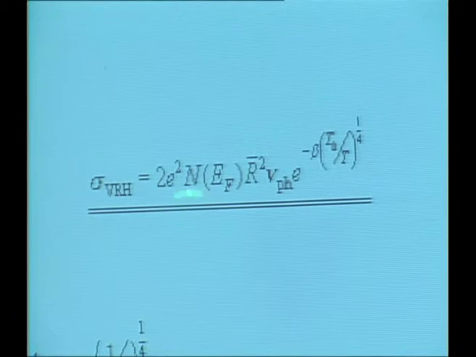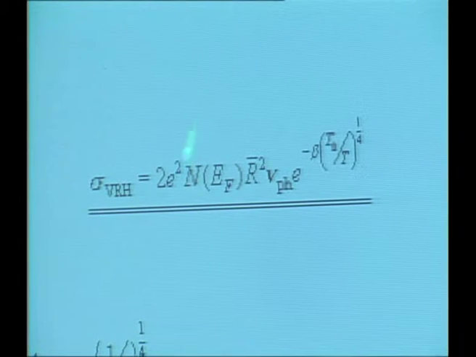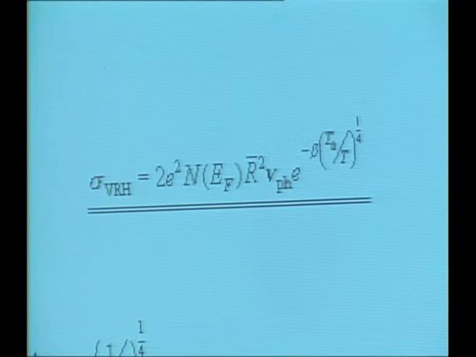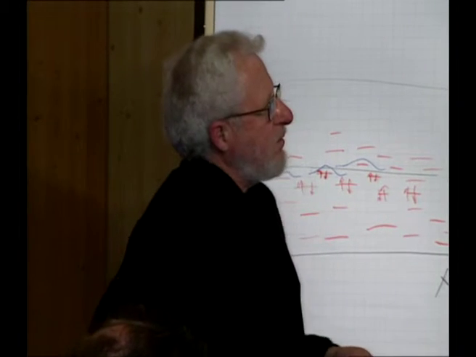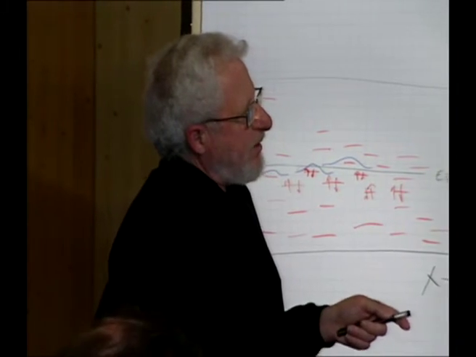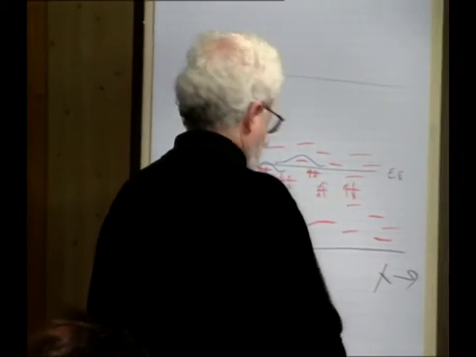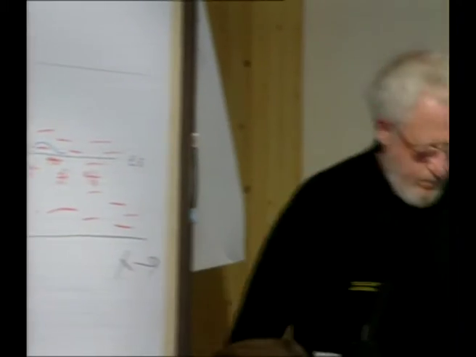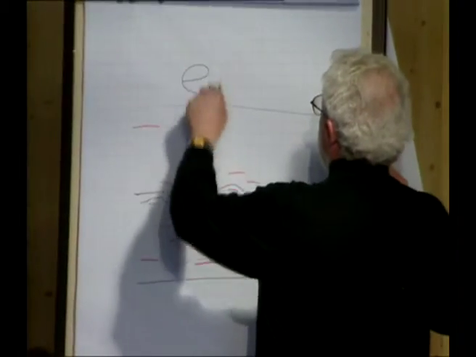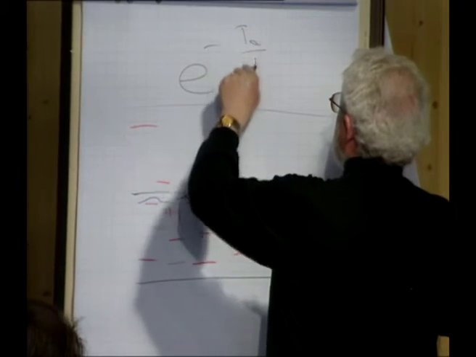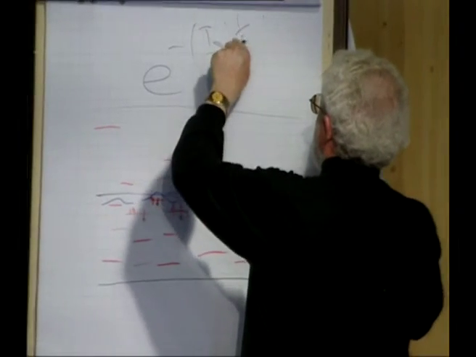It goes like the electric charge squared, it has the density of states, has this mean hopping distance squared. It's phonon assisted, so the phonon frequency comes out in front. But the temperature dependence here is this bizarre e to the minus T naught over T to the 1/4.